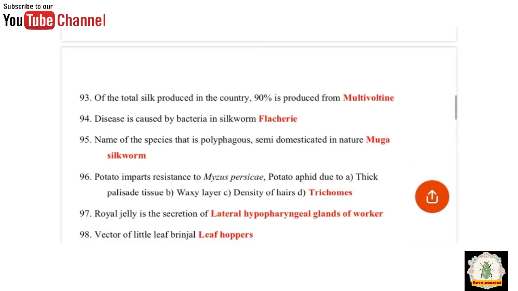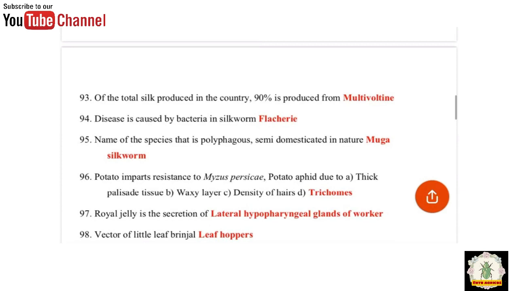So the correct answer for this is trichome, that provides resistance to potato aphid. Next is the royal jelly is the secretion of what? So this royal jelly is secreted by the hypopharyngeal glands of worker honeybees. Question number 98. Vector of little leaf of brinjal.